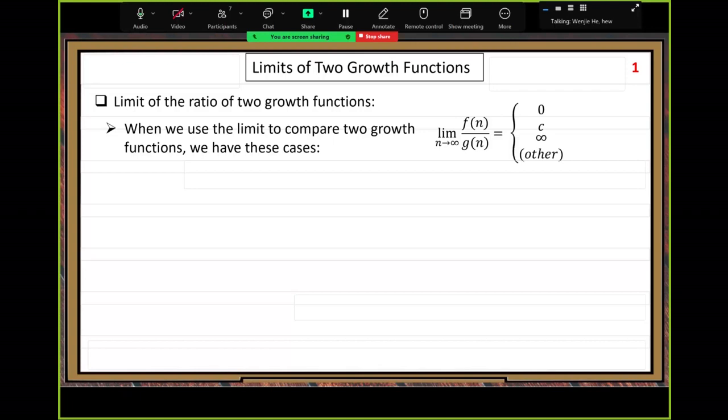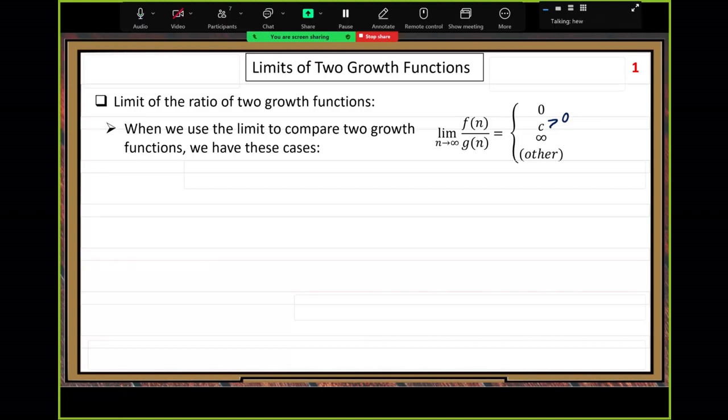First, limit equals 0. Second, limit equals a non-zero constant. Non-zero, because for this class, our growth function is supposed to take positive values, so the constant C also should be positive. Because we only look at the ratio of two growth functions, two positive functions.